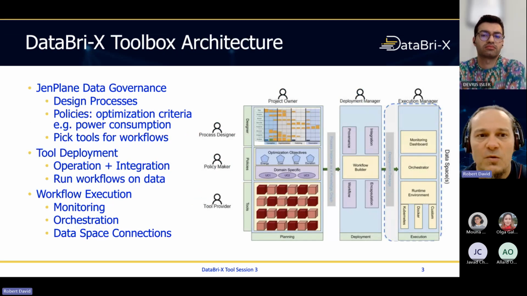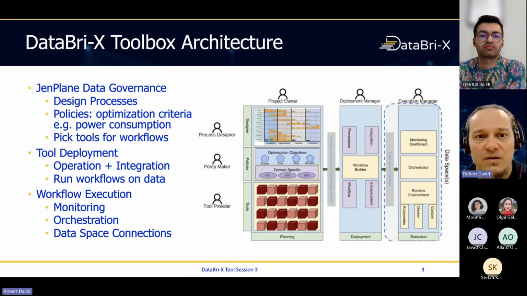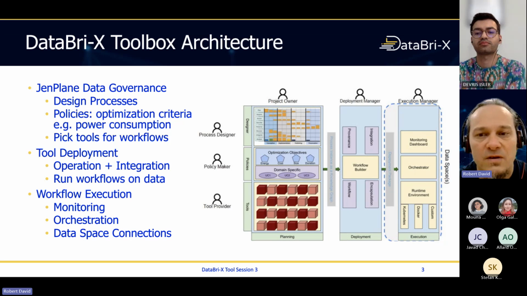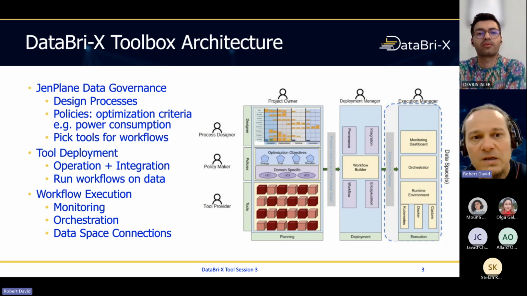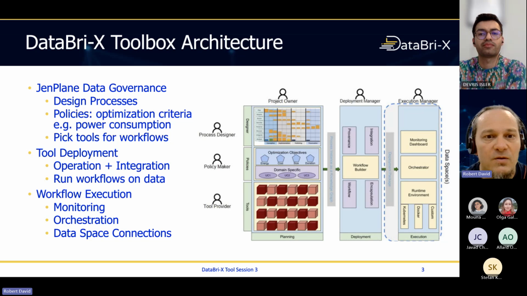So the Databrix toolbox architecture, first and foremost, is governed by a process and application called Champlain Data Governance, which can be used to design workflows that consist of tools that are assembled by Champlain, considering also this optimization criteria like the power consumption.